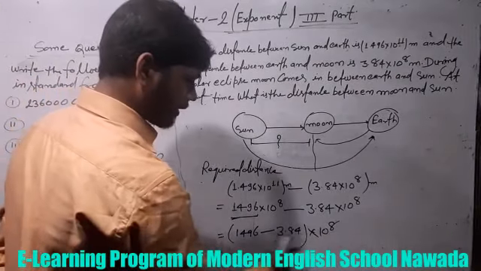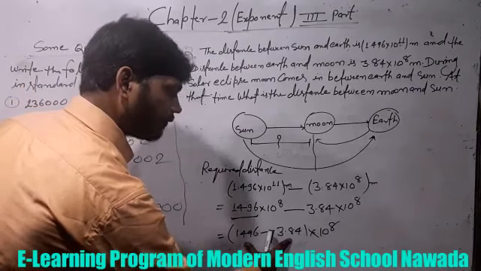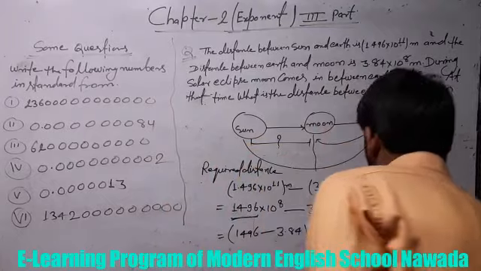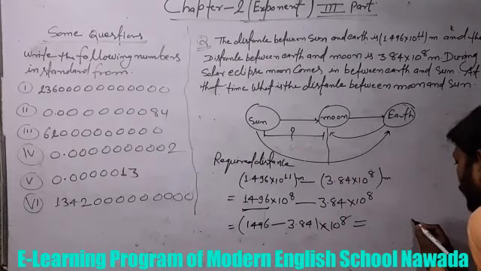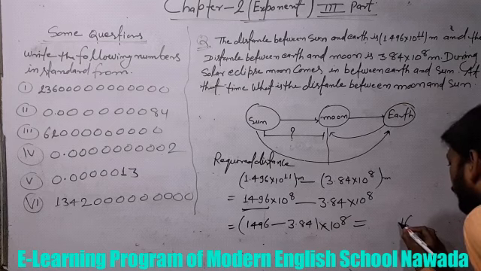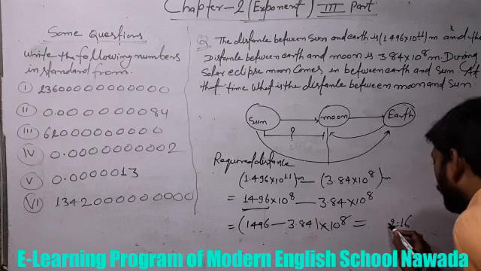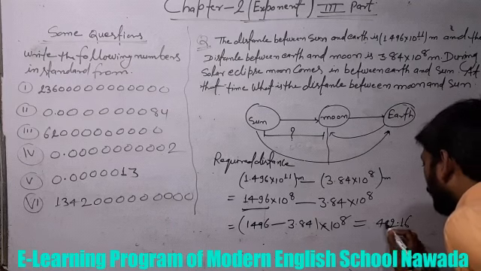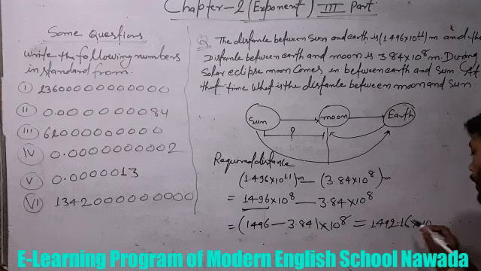Its subtraction will be very easy, and it is equal to 1.2941 into 10 to the power 8.